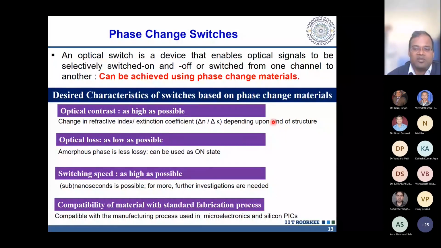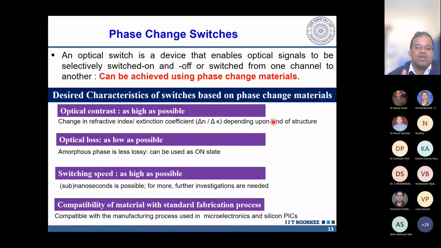Optical loss, so it's mainly an insertion loss, should be as low as possible. This material in the amorphous phase is less lossy, and in the on state it will show very little loss. Now the switching speed: sub-nanosecond is possible. Further investigation is required if we want to go for picosecond or so.